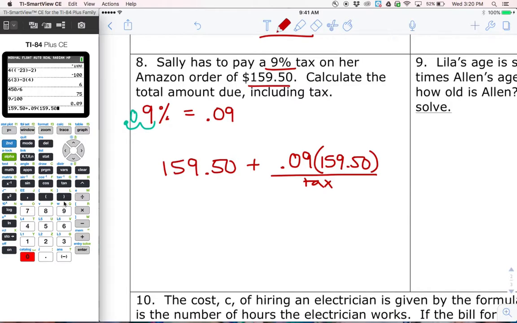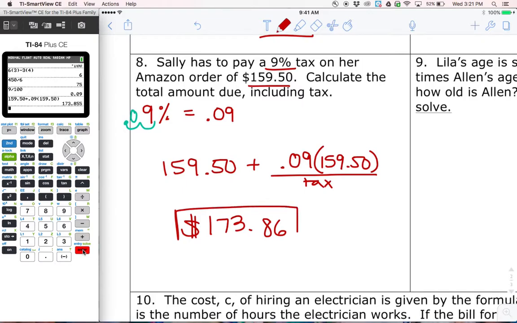All right, close parentheses, and we get $173, and I'm going to round up to 86 cents. Okay? So that's how much she's going to pay total, right? The price plus tax.